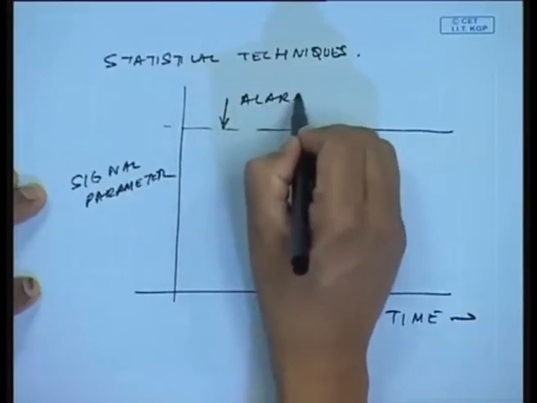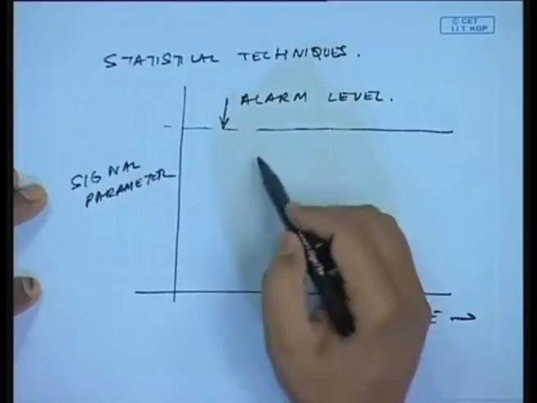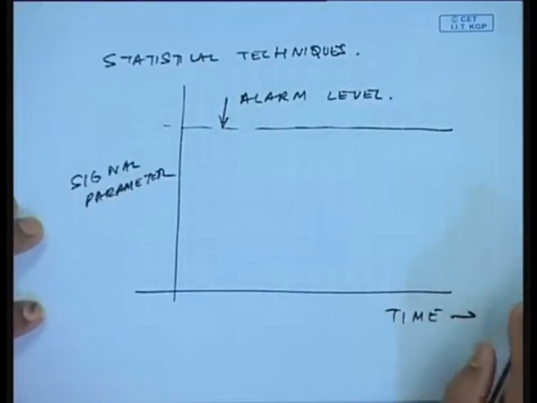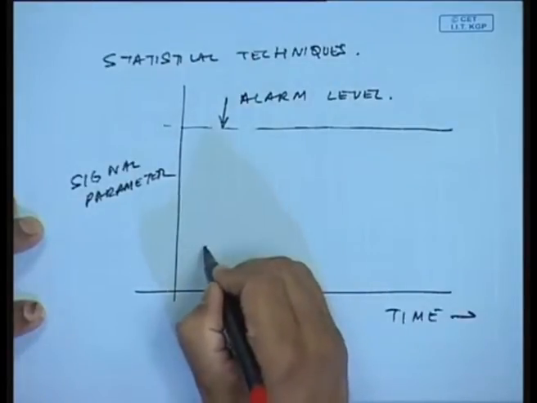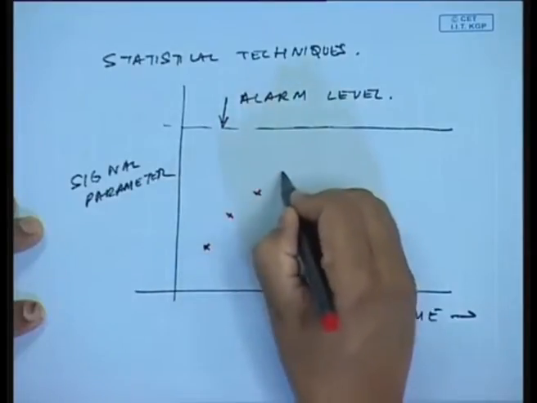That means if the signal increases beyond this level, I will be alarmed about the condition of the machinery. For example, suppose I have measured with time that these are the condition of my signal.